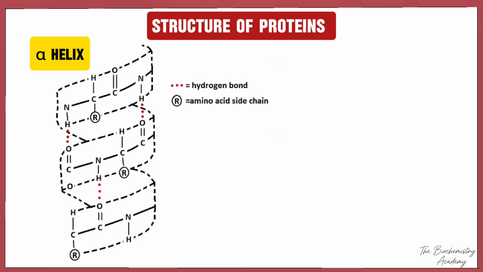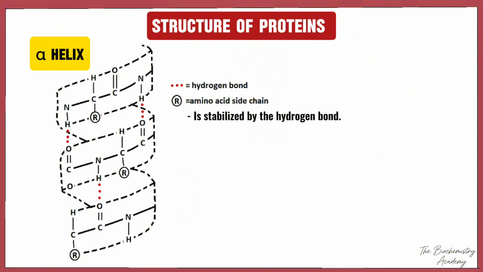Now, the α-helix is the most common secondary structure of protein. In this structure, the protein attains a spiral structure such that the side chains of the amino acids remain outward. The α-helix is stabilized by hydrogen bonds.